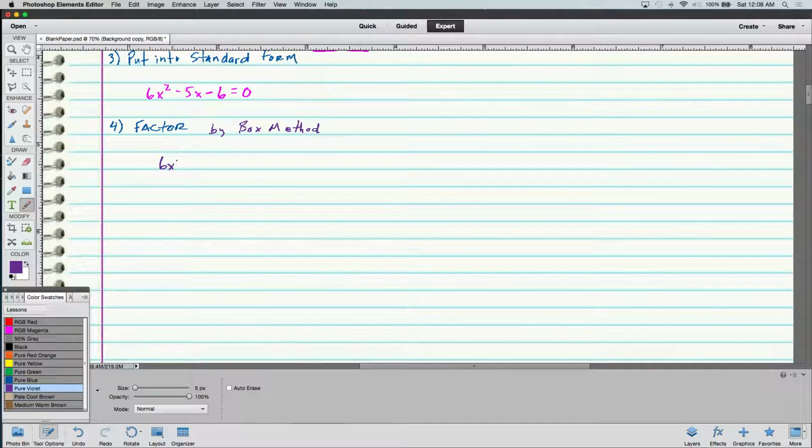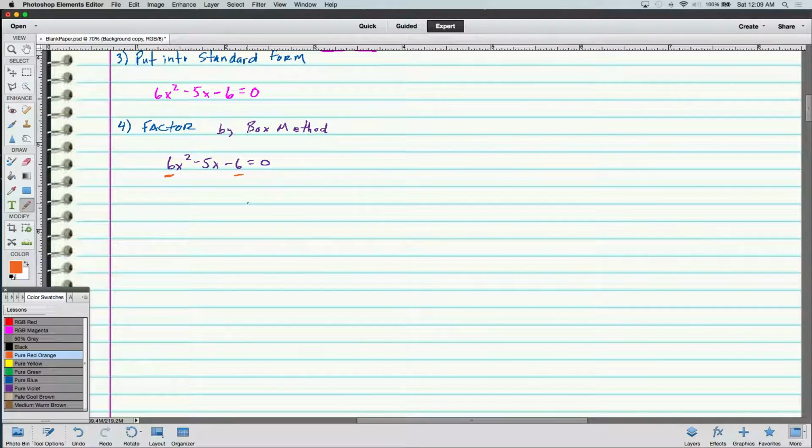How it works is this. When we have our standard form, we're going to list factors of our a value, which is 6, and list factors of our c value. We're going to list our factors in a vertical line. Factors of a are going to go on the left side.